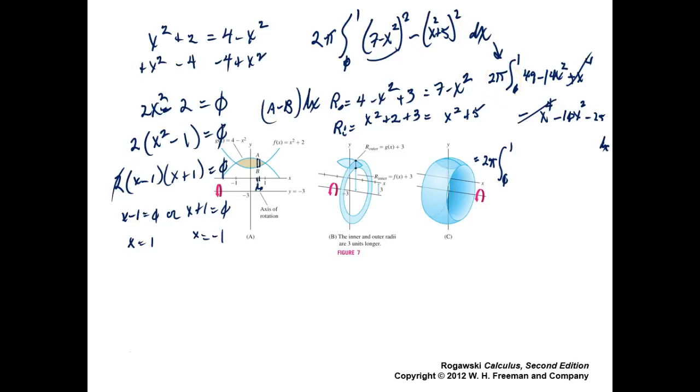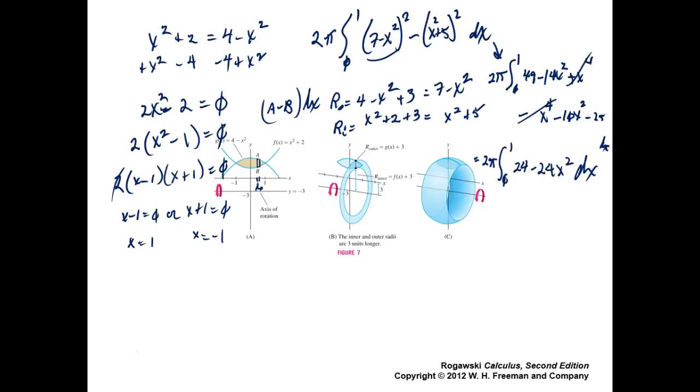What's that? 24. And then you got a minus 14x squared minus 10x squared. Minus 24x squared dx.